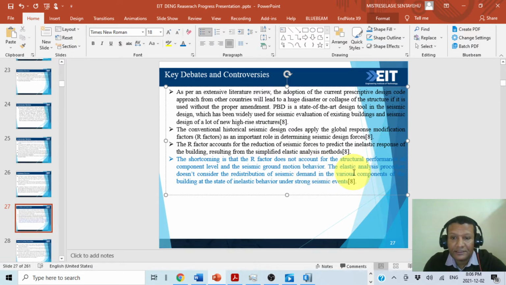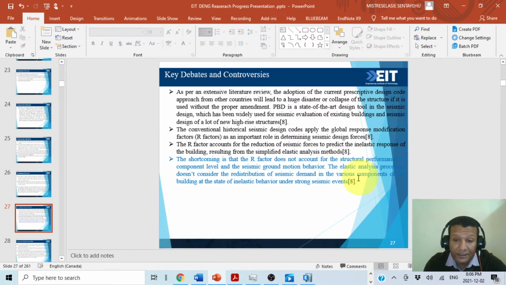The result is this one. Why are we performing dynamic analysis? Because the elastic analysis procedure does not consider the redistribution of seismic demand in various components of a building at a state of inelastic behavior.